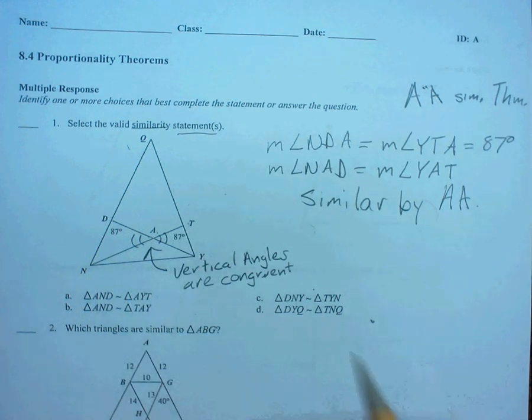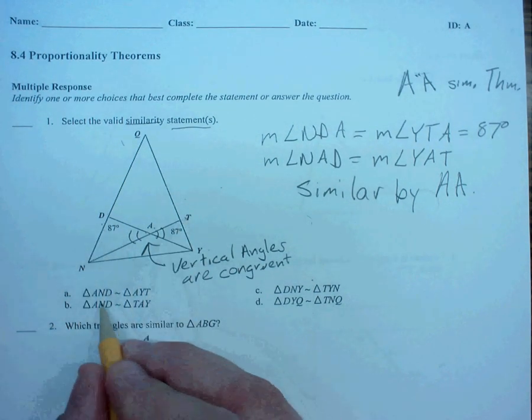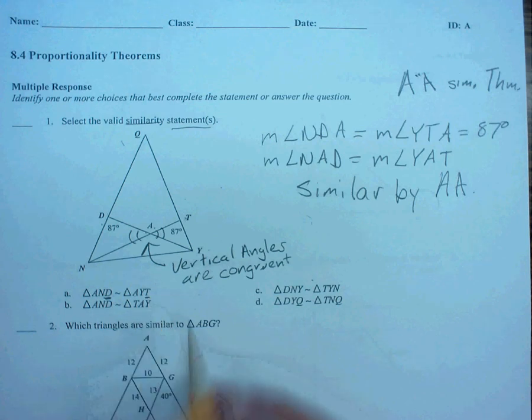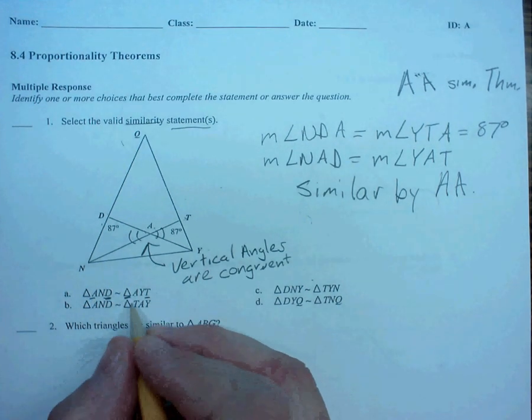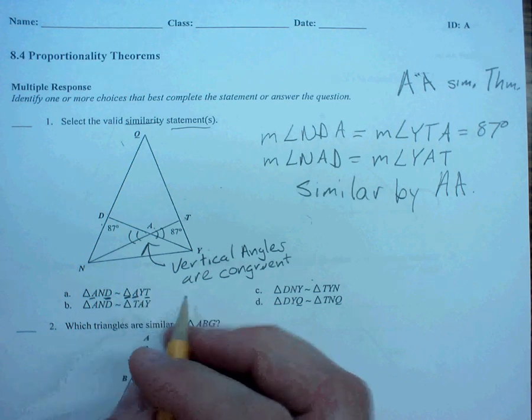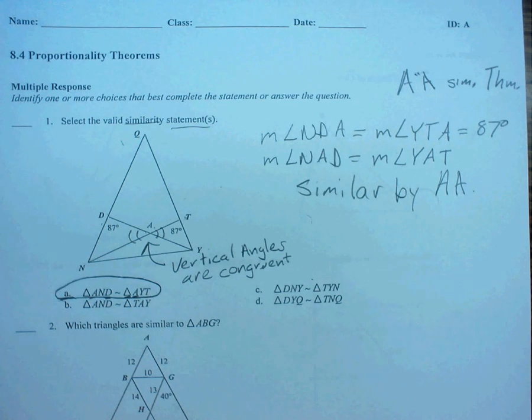Now I'm double checking just to make sure, because we know that D corresponds to T, so what Mr. Adams is doing is just double checking to make sure that they're lining them up. A corresponds to A, D corresponds to T, and N corresponds to Y then, okay?